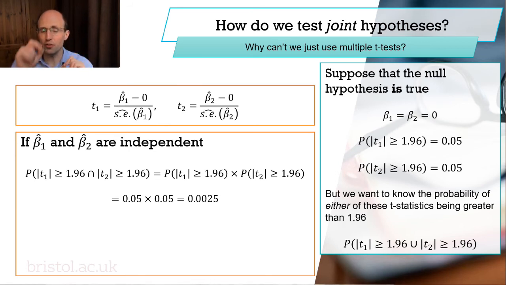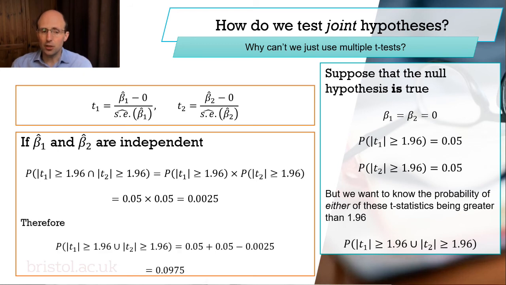So 0.05 times 0.05, which is equal to 0.0025. Now, if we wanted to find the probability of us rejecting our joint null using this strategy, then we'd add up the two probabilities, 0.05 plus 0.05 minus the intersection, because remember we're counting that intersection twice, and that gives us 0.0975.